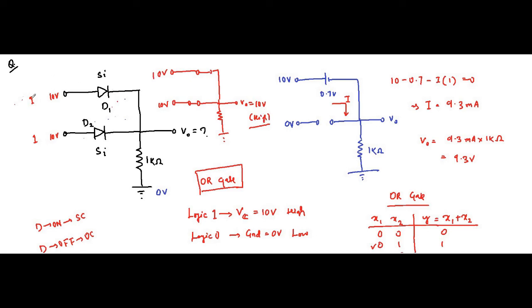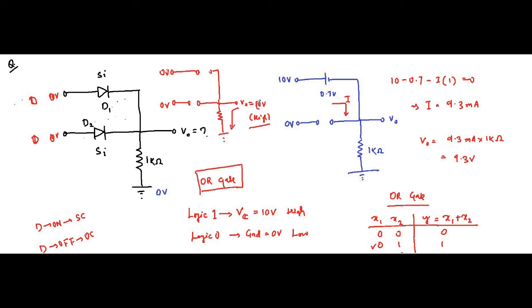When both the inputs are logic 0, that is 0 volt and 0 volt, both of the diodes will be open circuited. So in this case there is no direct path which connects it to the higher potential, and the only direct path is to the ground.